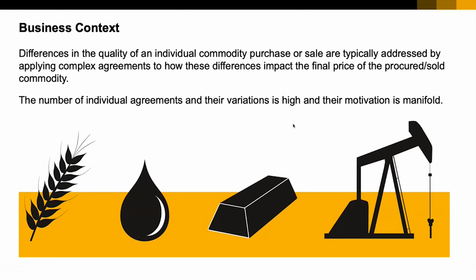Basically, the business context here is when you execute a trade for a certain commodity, whether it is oil and gas or any other soft commodity or any other commodity. For that commodity, there is an agreement done, most likely from the trade execution side, that the quality of the product you receive, or if you are the one selling the commodity, cannot be above or beyond certain parameters.